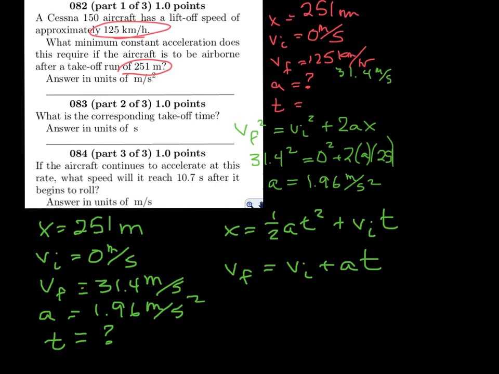I suggest you use the second, but you can use the first. If our initial velocity was something besides 0, the first would become a quadratic equation, and you would want to use the quadratic formula to solve it.